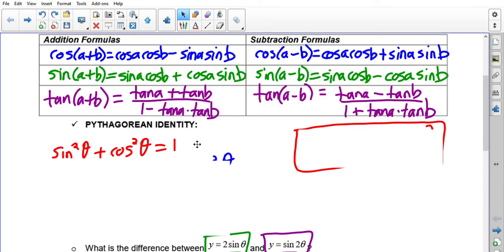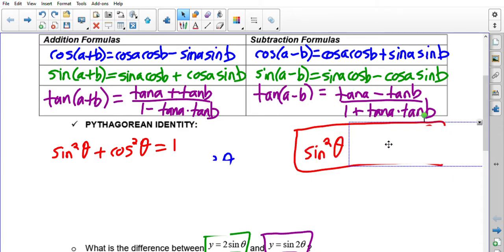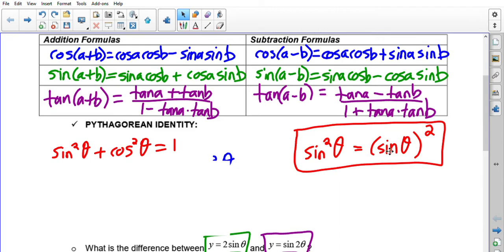Something else I want to review as a side note. Remember in trigonometry, I know this looks kind of weird, sine squared theta. When it's written like this, or sine, cos, or tan looking like this, what it really means is that it's taking the value of sine theta altogether and squaring it.